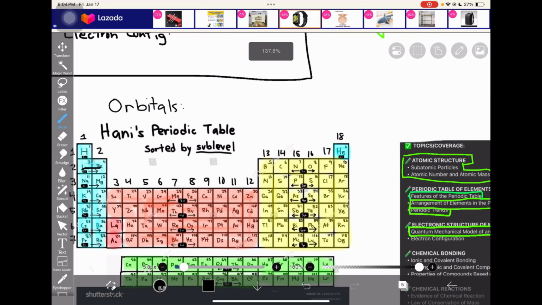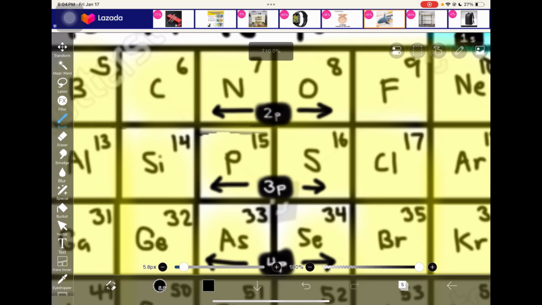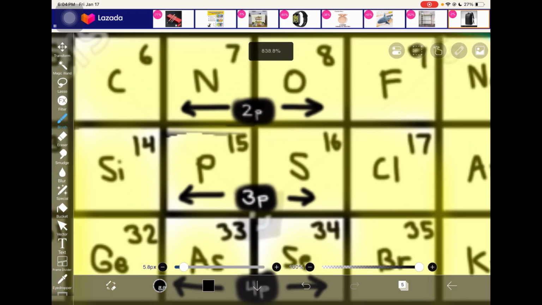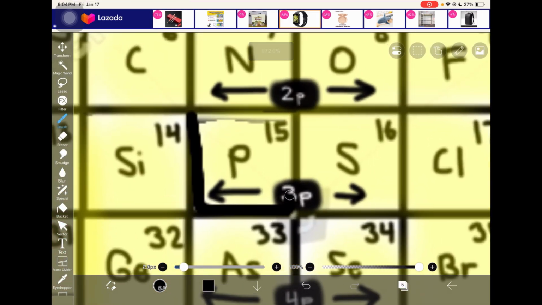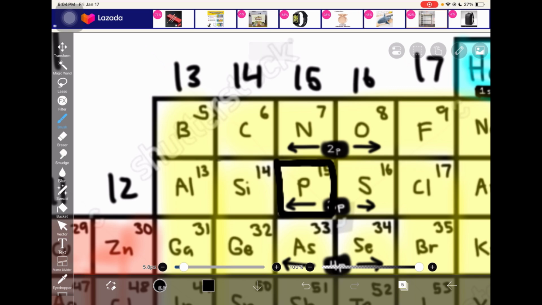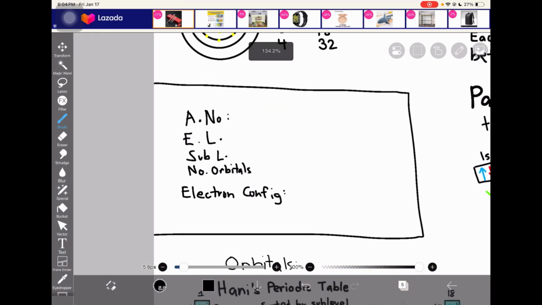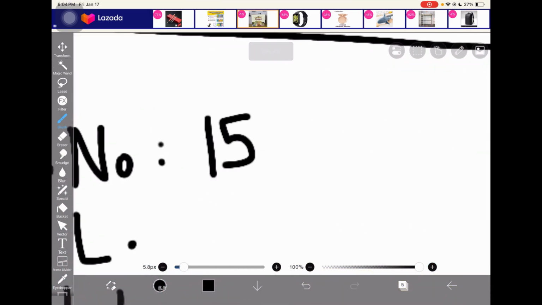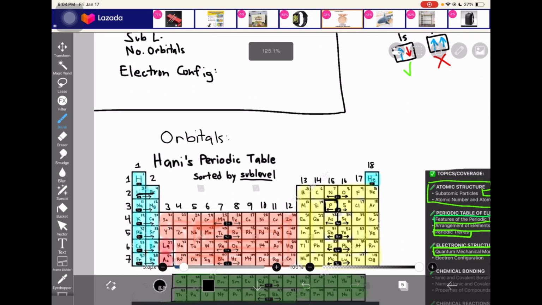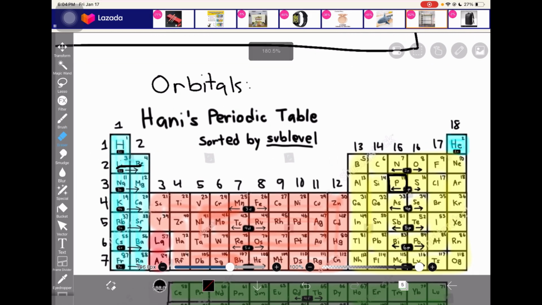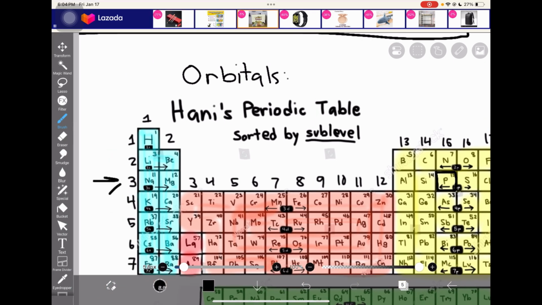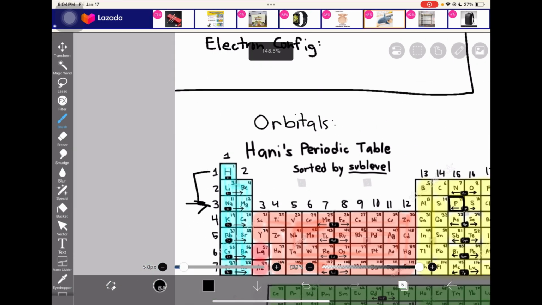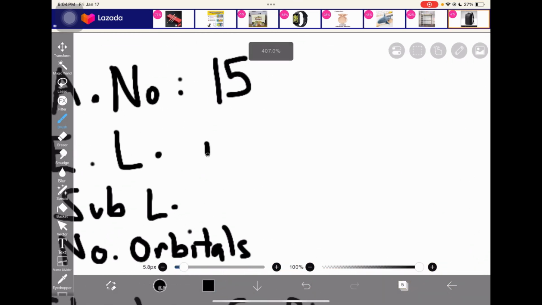Let's challenge ourselves and find the electronic configuration for phosphorus together. First and foremost, phosphorus is 15 in atomic number. How about the energy level? Phosphorus is in the third period, therefore it occupies all 3 energy levels, which means n equals 1, 2, and 3.